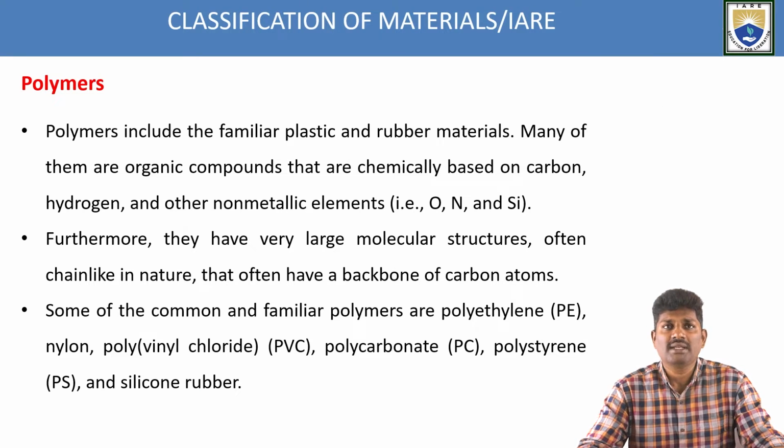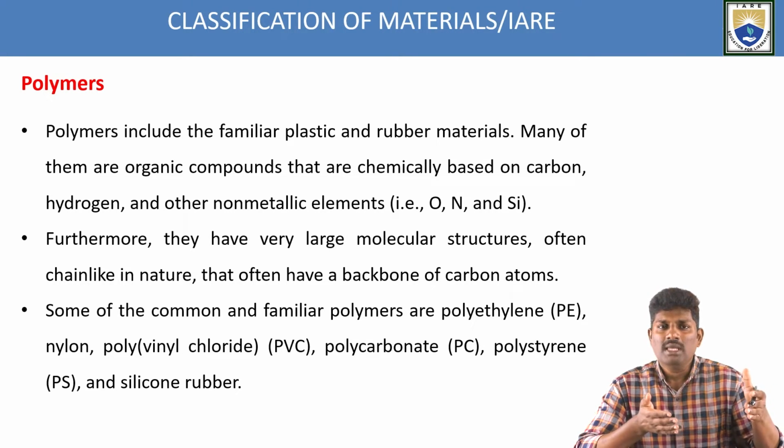The third category is the polymers. This includes the familiar plastic and rubber materials. The metals have different properties, the ceramics have different properties, and polymers have different properties. Based upon the properties only, these materials have been classified.